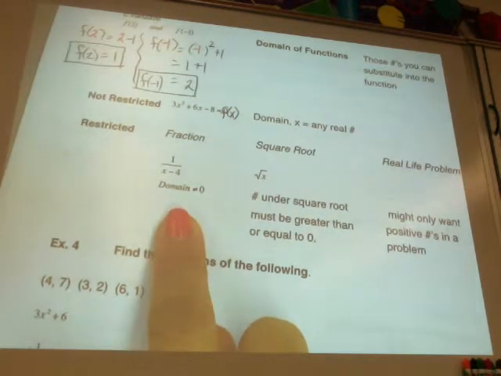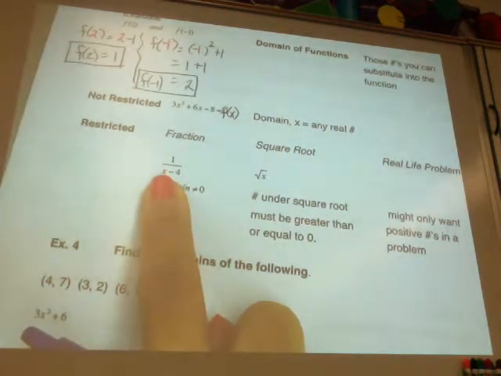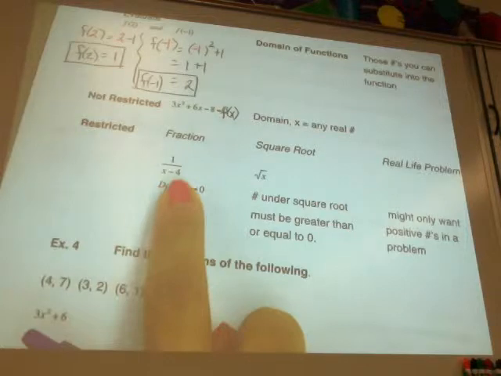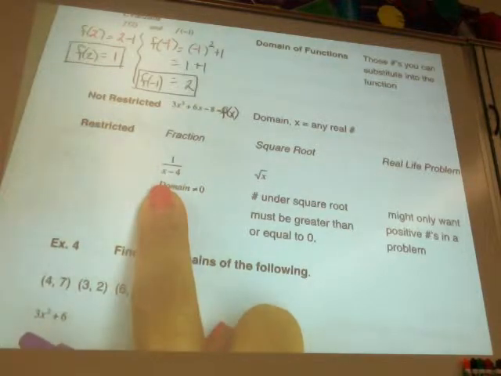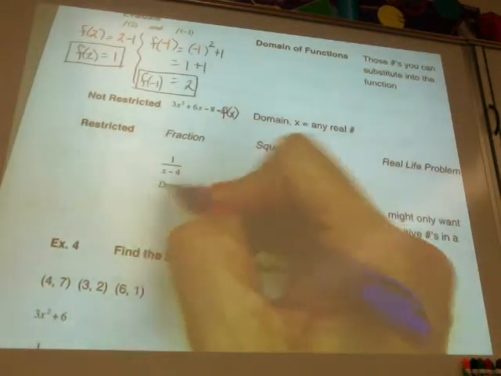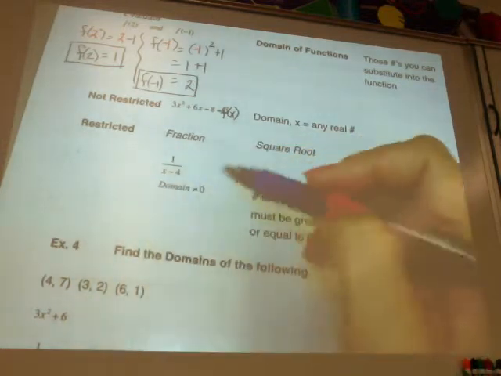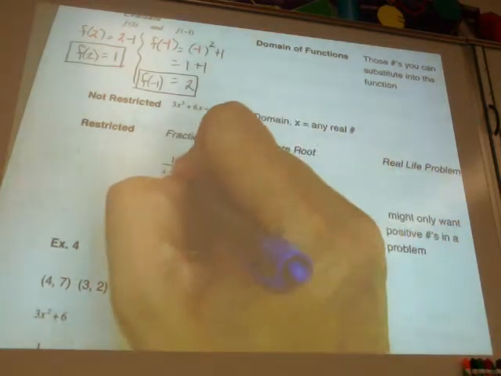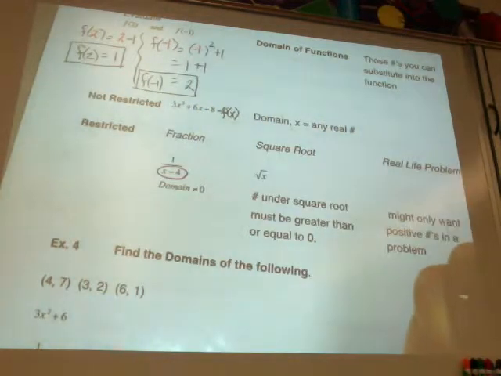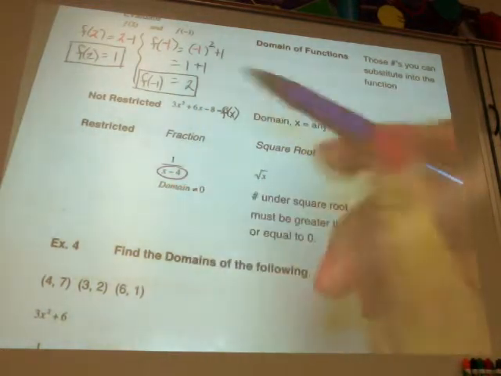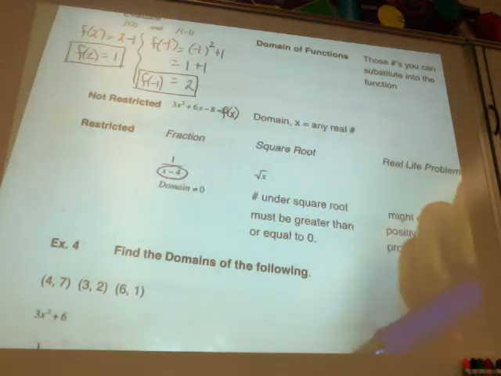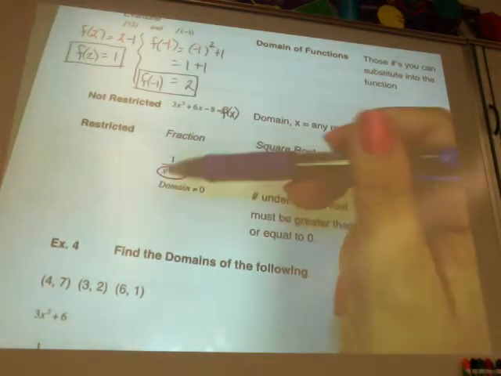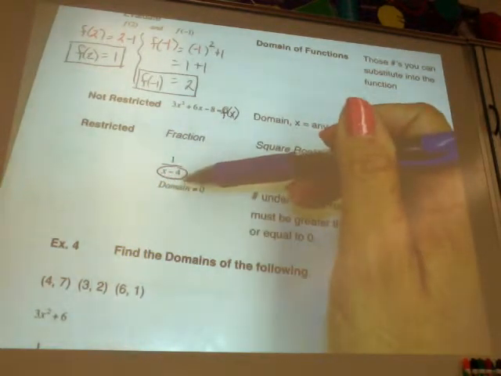So look at your different restricted forms here. So you've got a fraction. This is just an example where you have your variable in the denominator. That doesn't mean that x can't be 0. What it means is the domain itself, well, I don't even like the way that says. This whole denominator can't be 0, right? X could be 0. If x were 0, what's the value of that fraction? What's 0 minus 4?